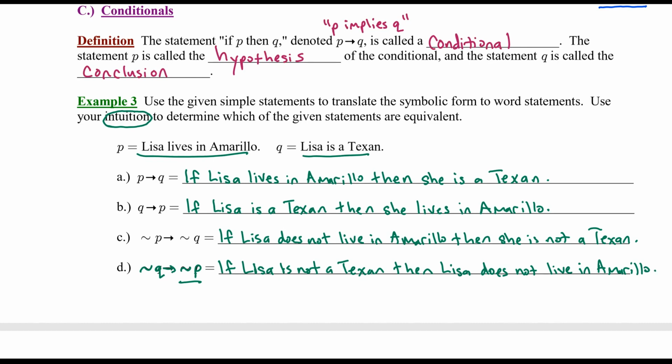So let's read that last conditional again. If Lisa is not a Texan, then Lisa does not live in Amarillo. That makes sense. If she's not a Texan, then she cannot live in Amarillo.